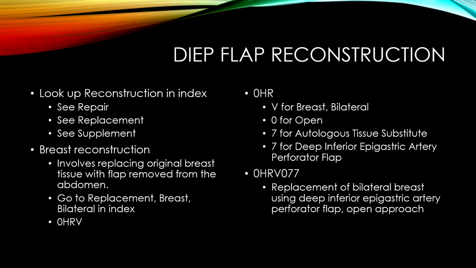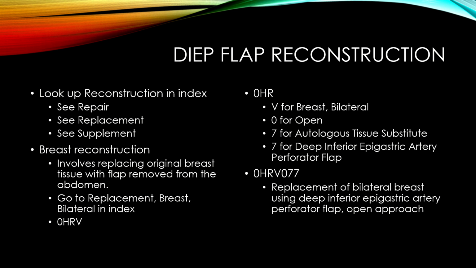And her breast reconstruction involves replacing the original breast tissue with a flap removed from her abdomen. So for that reason, we're going to select replacement. So I go in the index, we're going to go to replacement, breast, and bilateral. This is going to give us the first 4 characters, which is 0HRV.